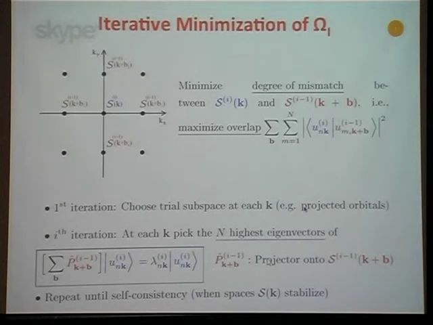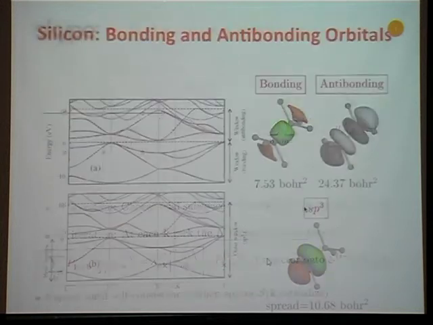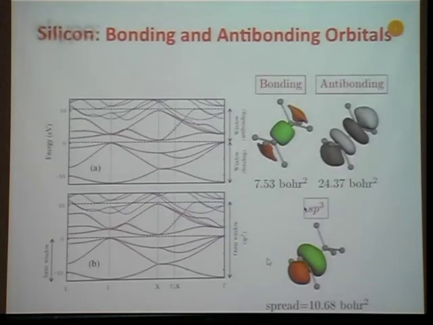And how to do that is again somehow mathematically complex, but has to do with taking the highest eigenvectors of the projector operator P on the subspace that I want. And so if we do this, we have a recipe to separate bands.